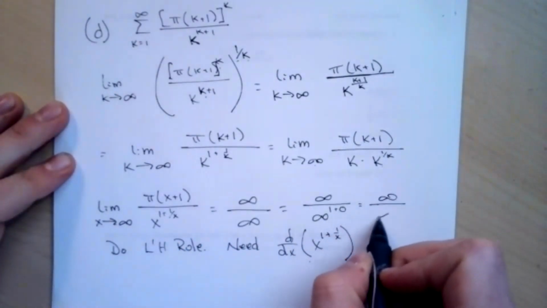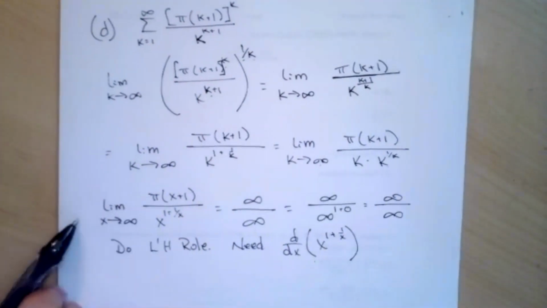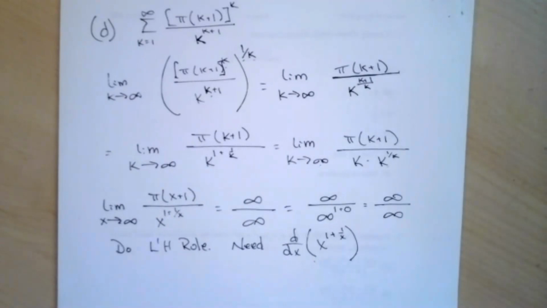Couldn't you pull out the pi? So it's just x plus 1 divided by x to the power 1 plus. Yep. And if you just do L'Hopital's, it would just be 1 over 1. I guess you might be able to find a way to get around L'Hopital's rule for that.